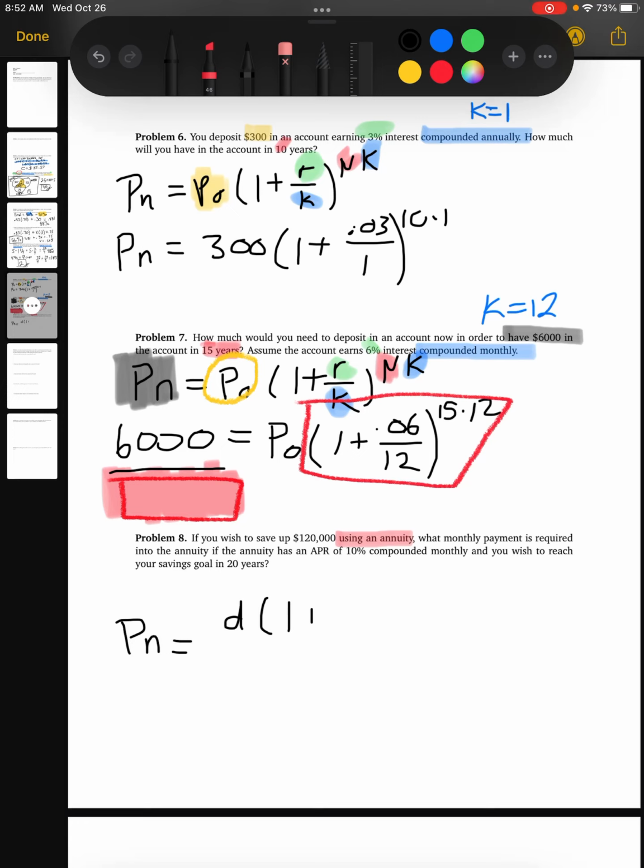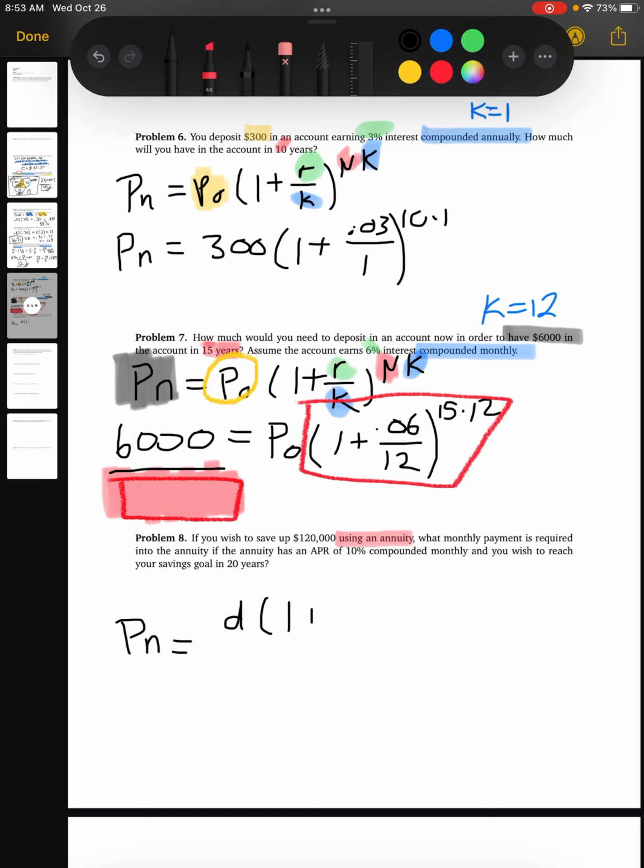I blanked out on the annuity formula. Guys, this is why I give you a formula sheet. I'm getting it confused with the loans formula, so I want to double check. I'm so embarrassed. These things happen.